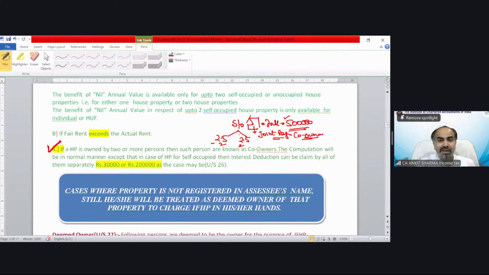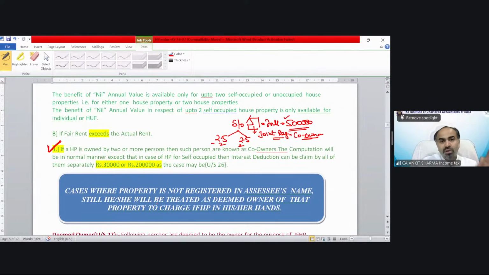If the property interest is suppose 6 lakh rupees, and you do the registry in your name and your brother's and your father's, and they are paying themselves, of course. So if they are paying the money equally, and if you register the name of your brother and father in that property, now you have 3 co-owners. And this 2 lakh, 2 lakh, 2 lakh benefit can be claimed by each of them. So the full 6 lakh interest deduction can be claimed by this tax planning.